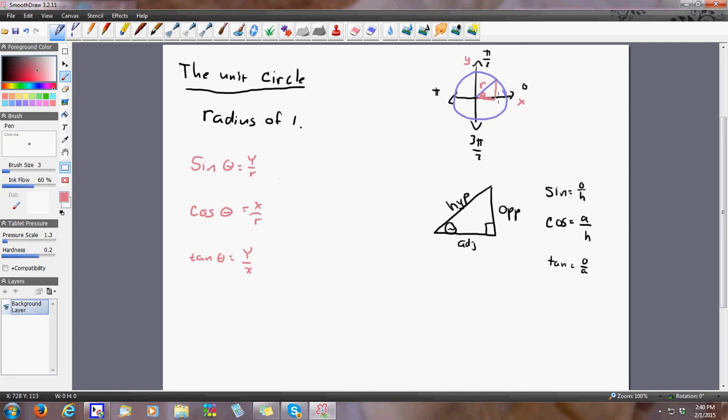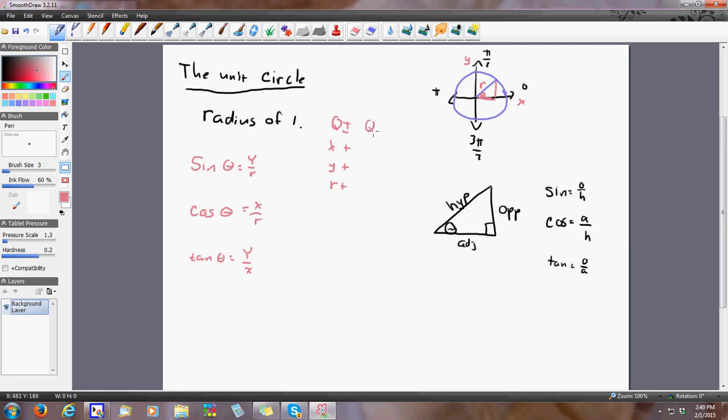So in the first quadrant, x is positive, y is positive, and my radius is positive. My radius is always going to be positive. So I have a positive over positive, so sine's positive, x over r is positive, and y over x is positive.